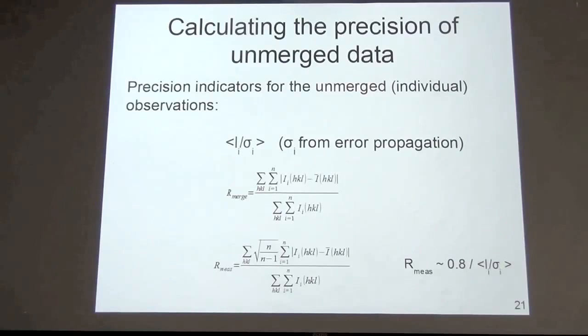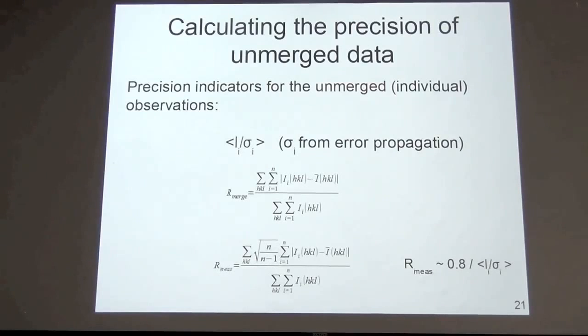Now it turns out, and this we published in 1997, that this formula gives different values if the multiplicity of the data rises. So for higher multiplicity, it gives higher values of R merge. This is not really what we would like to see. So we found that a factor that is included into the formula takes care of this. So this is then R meas.